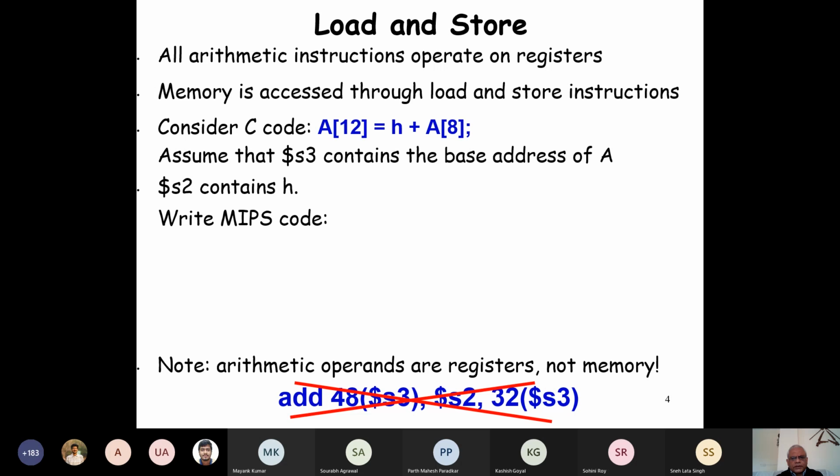And we could have written that, but here we'll have to first fetch A[8] into temporary register T0, add S2, which is h, to T0, and then store T0 back in the 13th element of the array, which is 48(S3). So this is our second memory operand code snippet, very simple.